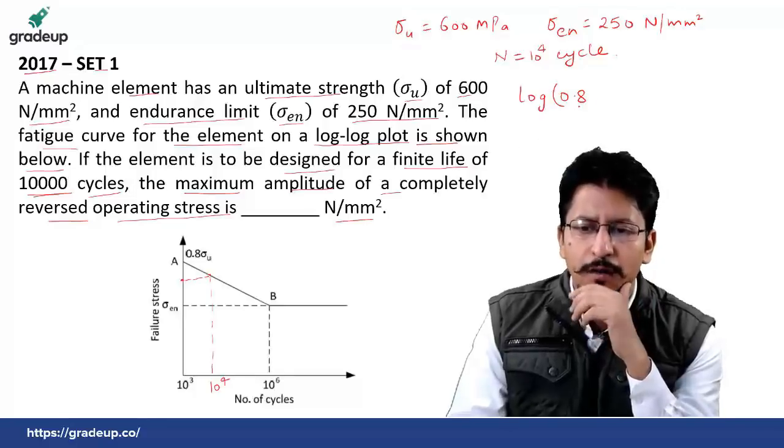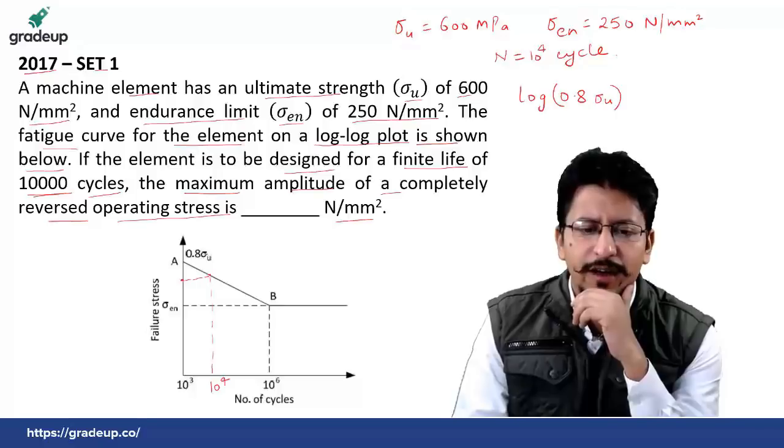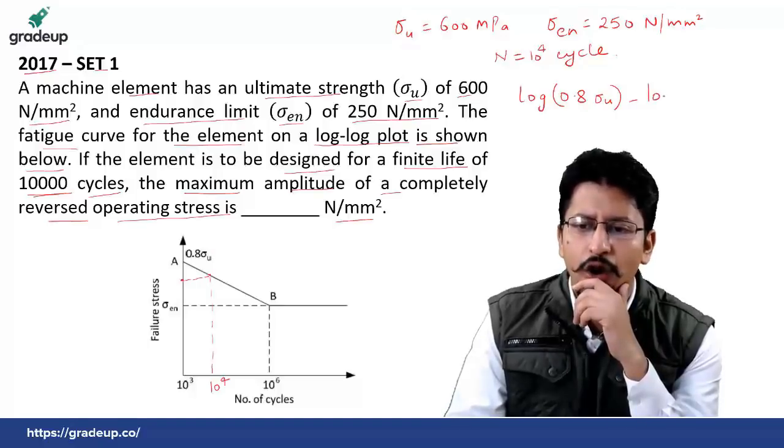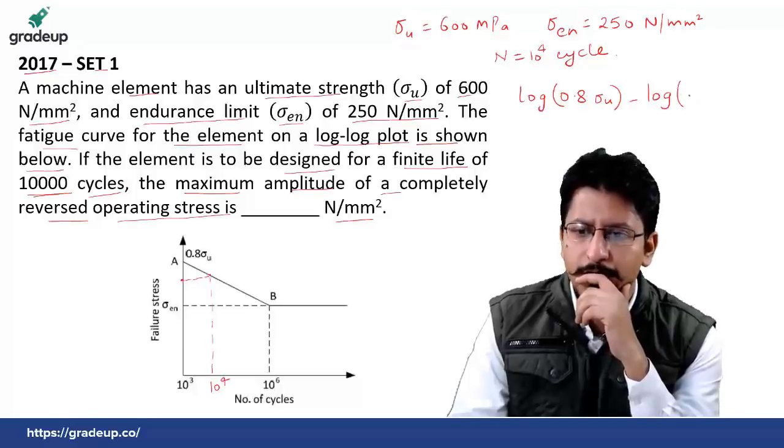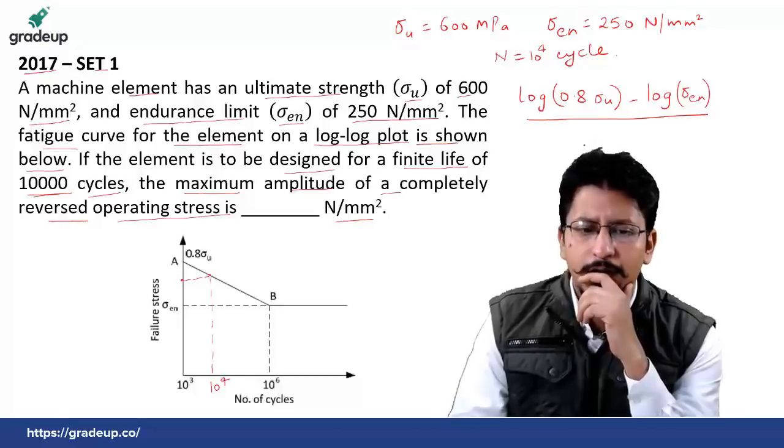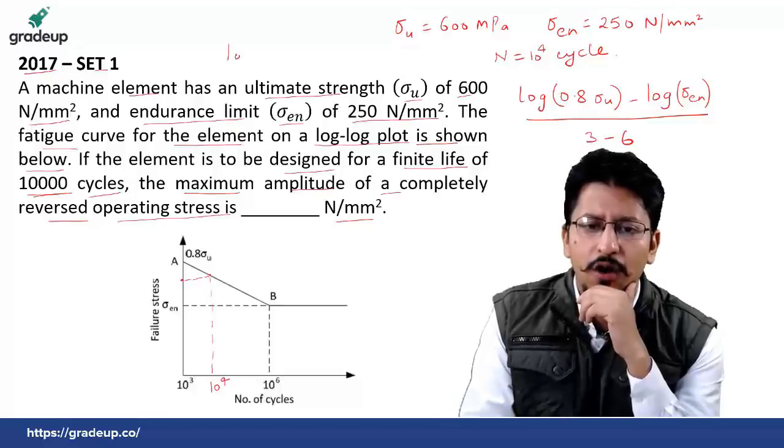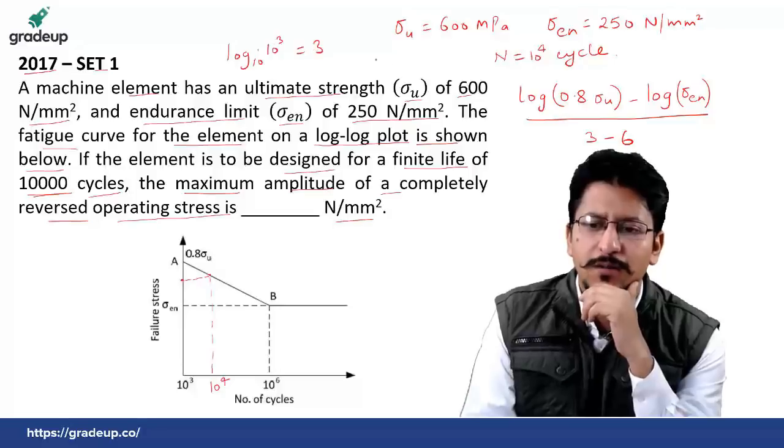So we will use log of 0.8 sigma u. Why 0.8? Because this is given here. Minus log of sigma en, upon, this is for the values 10 to the power 3 and 10 to the power 6, that is 3 minus 6, because log base 10 of 10 to the power 3 is nothing but 3, and similarly for 6.